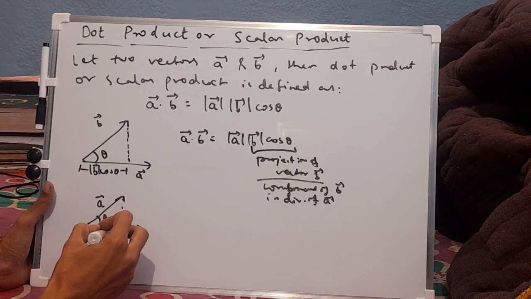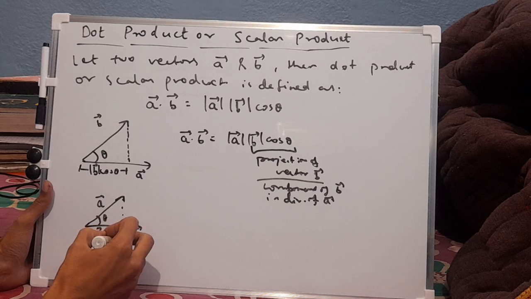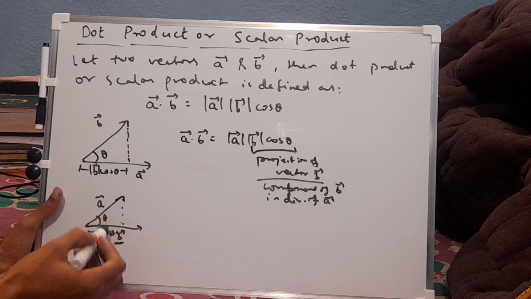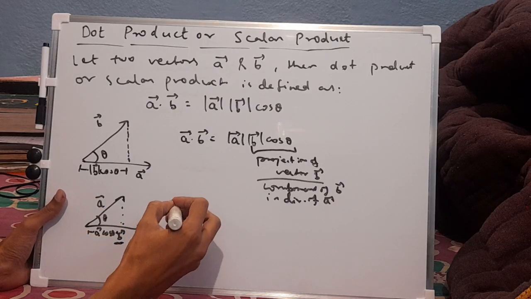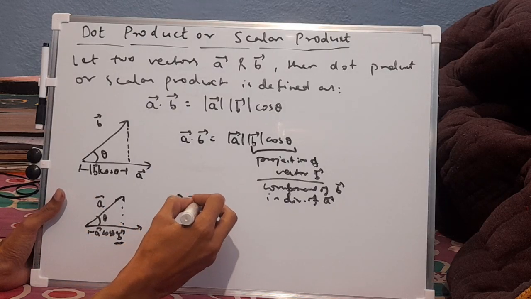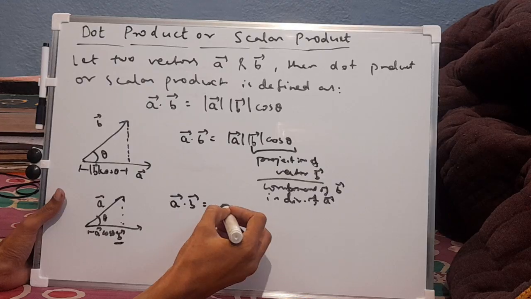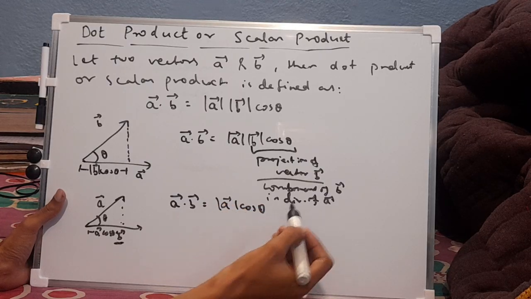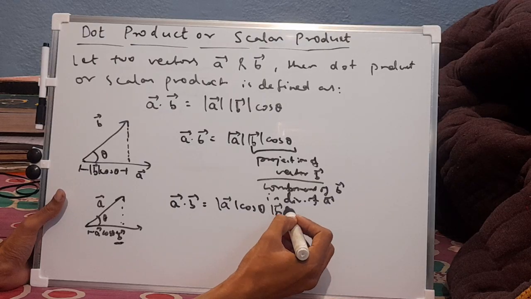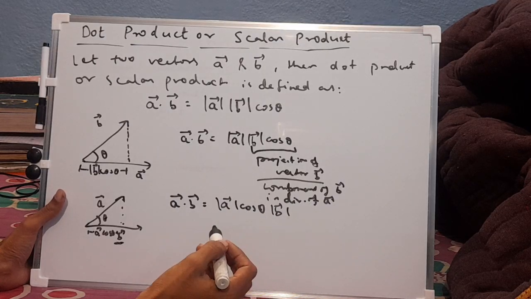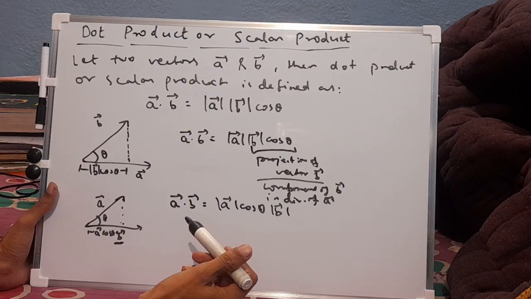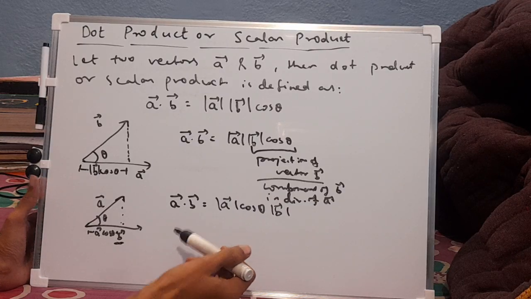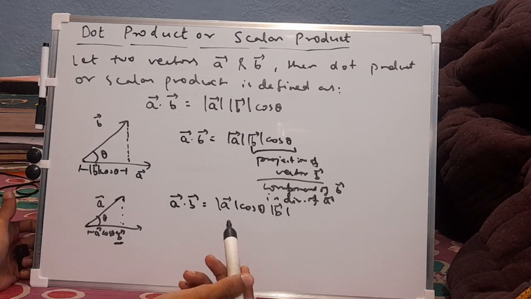It's the projection of vector A on B and it's in direction of B. So here we are taking the component of vector A in direction of vector B, and again it can be written as A dot B equals A cos theta, the component of vector A in direction of vector B, times the magnitude of vector B. So it's quite simple. We can represent it in the form of the projection of one vector and the magnitude of the other vector.